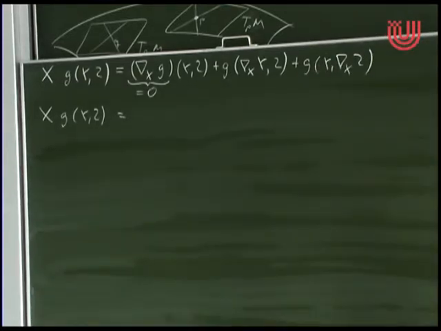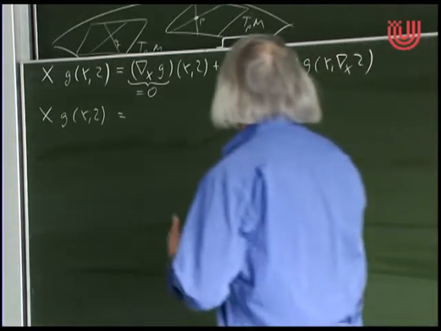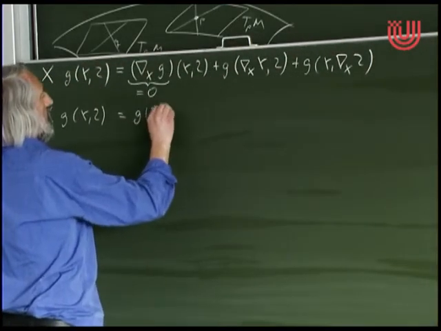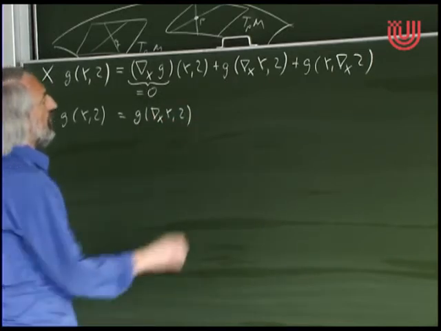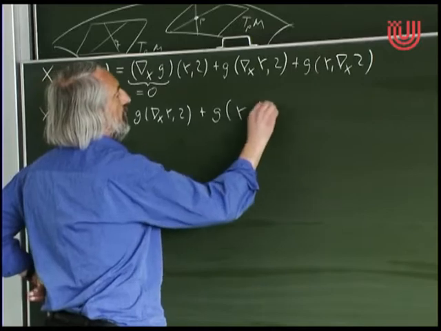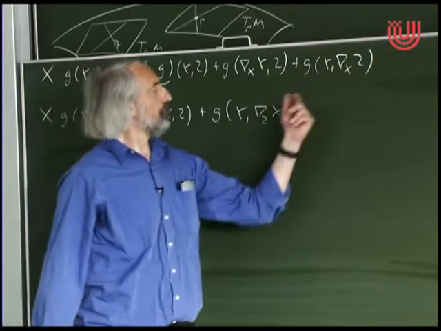Let me check this, and I have the same letters as I have in my notes. X, I do it with the second one. So I keep the first as it was, g del x y z. And here I want to write g y del z x, the other way around.